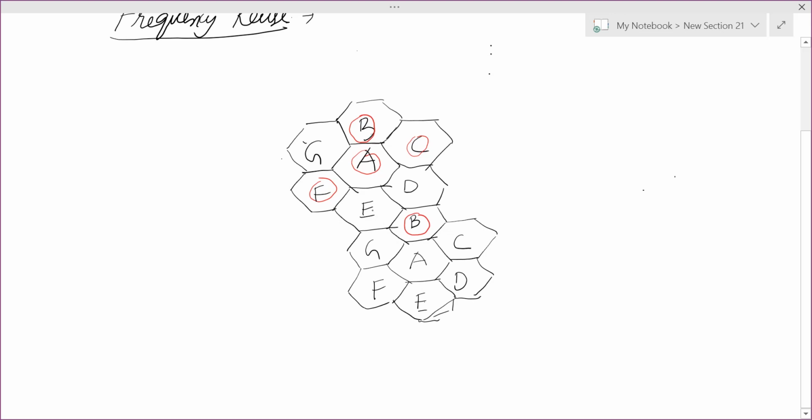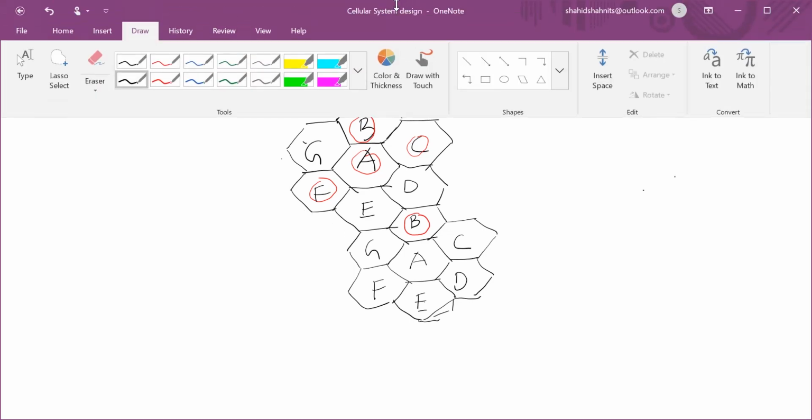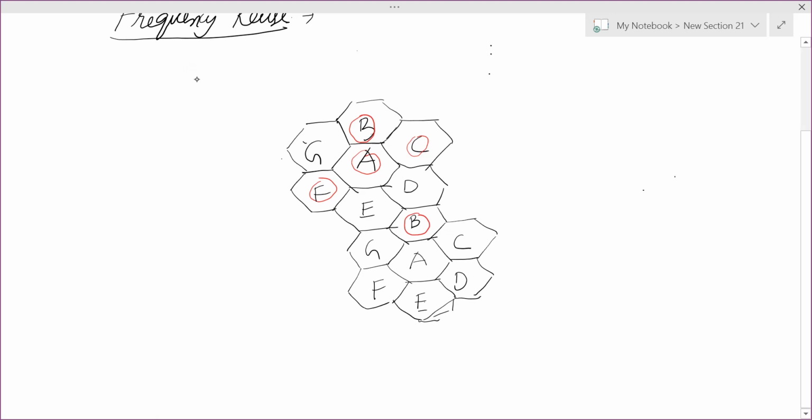Now all the same alphabets means that all those cells will use the same frequency. Similarly, let me use another color to highlight this one. So this is one, we call it a cluster also. I am drawing with blue. What does that mean?